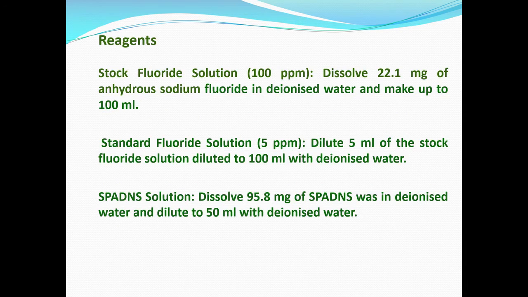So, what are the reagents? How do we go about doing it? It is a very simple formula, as I had discussed earlier. What you should prepare is a stock fluoride solution, 100 ppm is more than enough, and you can keep it for quite a long time also. For that you have to dissolve 22.1 milligram of anhydrous sodium fluoride. You may ask me, sir, how to weigh 22.1 milligram?